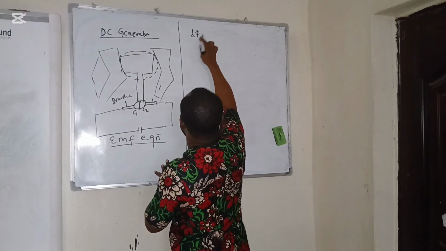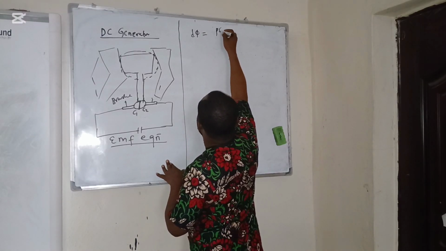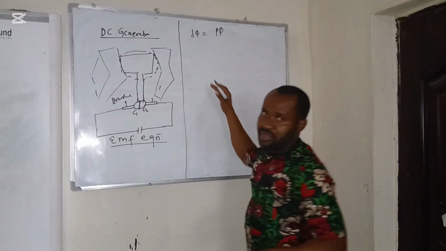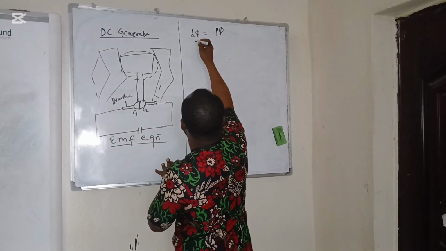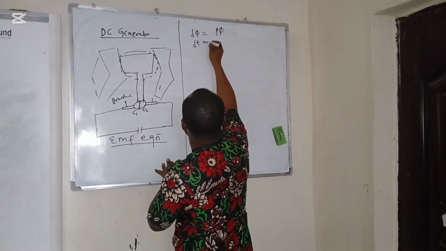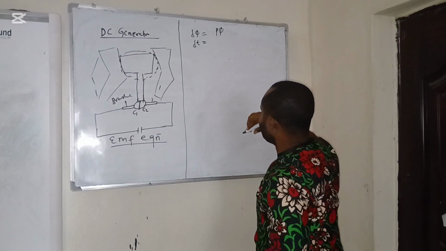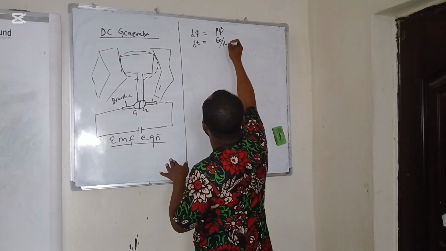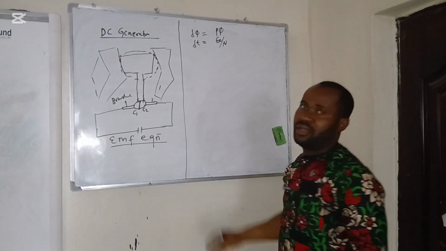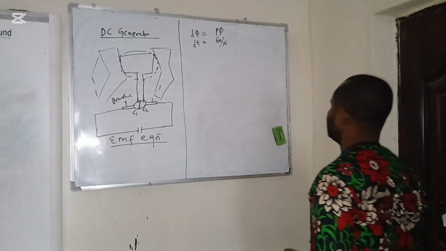Let's use this as flux is equal to number of poles multiplied by the flux. So we also have that change in time is 60 divided by N, that is the speed of the flux by revolution per second.